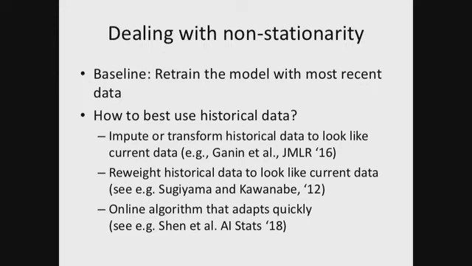So one way has to do with imputation. Imagine that the way in which your data was non-stationary was because there were, let's say, parts of time when certain features were just unavailable. And I gave you this example last week of laboratory test results across time, and I showed you how there's sometimes these really big blocks of time where no lab tests are available or very few are available.